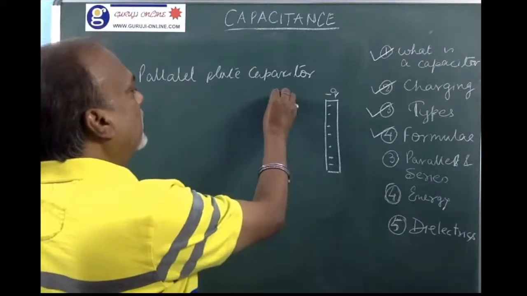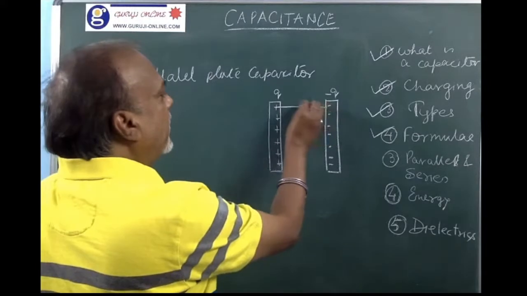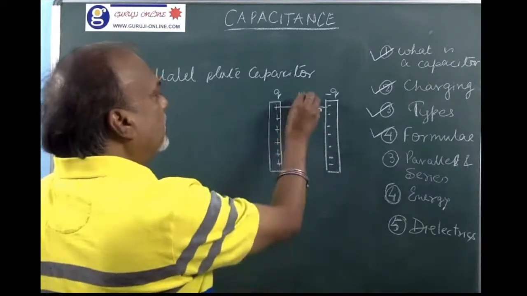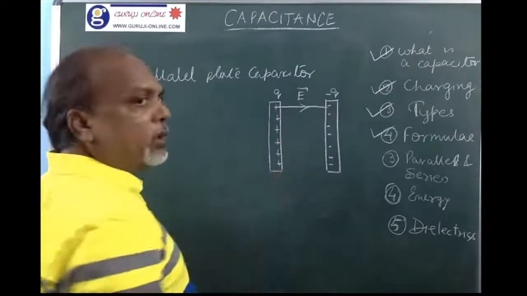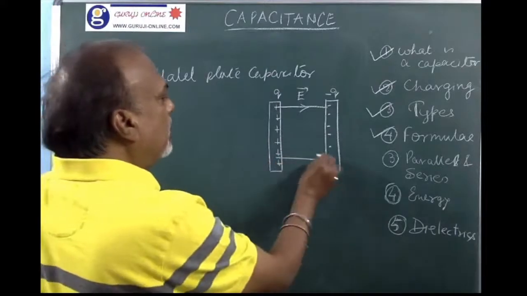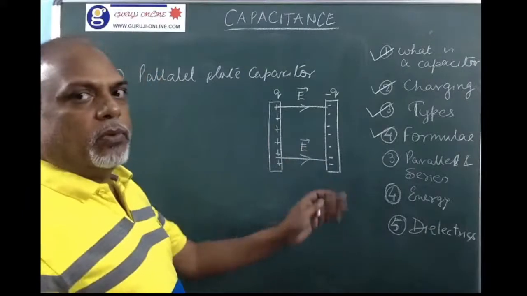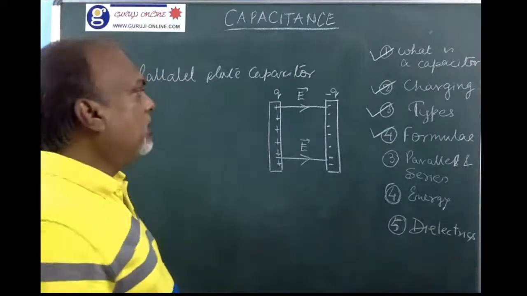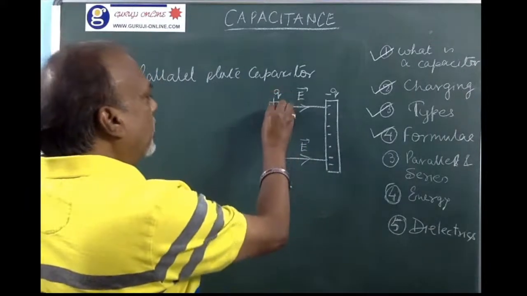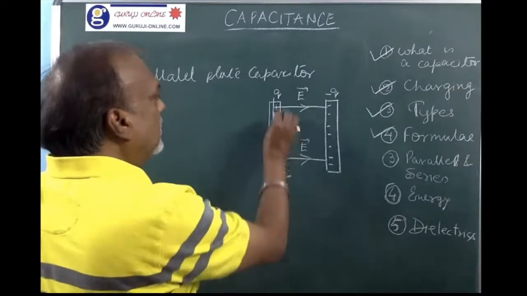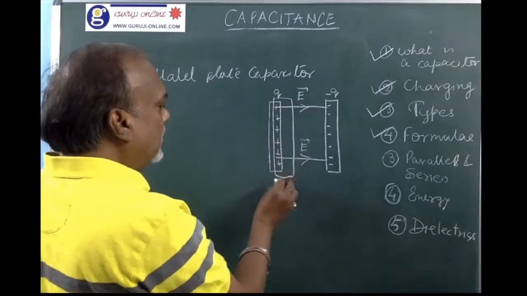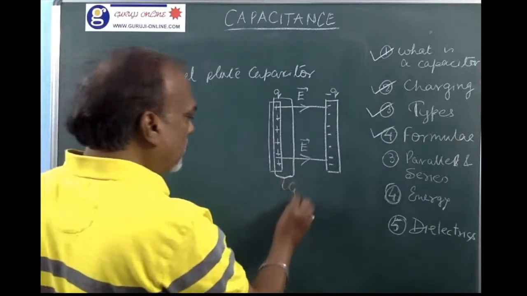Naturally this will be the electric field like this. Electric field is from positive to negative. Let us make the Gaussian surface. This is our Gaussian surface.